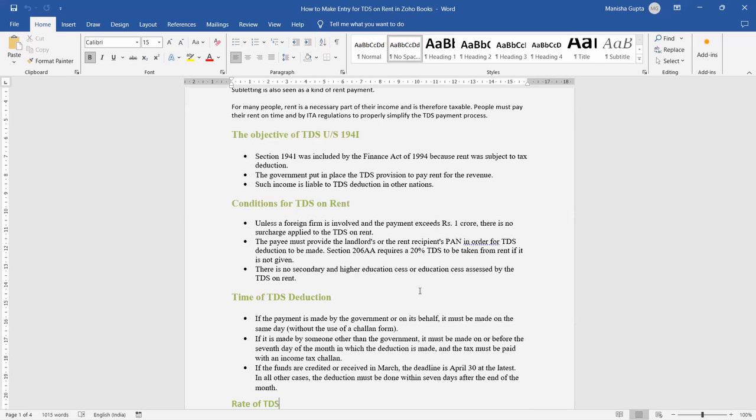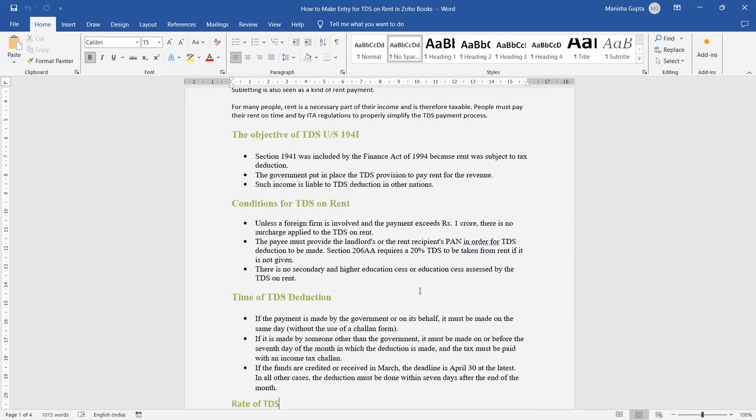But the payee must provide the landlord or the rent recipient's PAN in order for TDS deduction to be made. Under section 206AA, a 20% TDS is required to be taken on rent if the PAN number is not given.